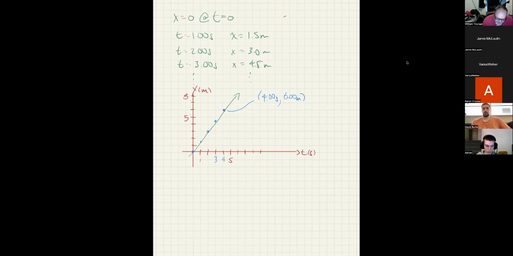So from that, you should get an idea that the height of a data point equals the position, or depending on how you're writing it, distance traveled.